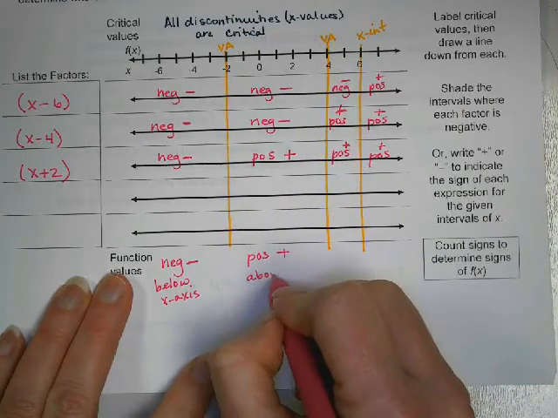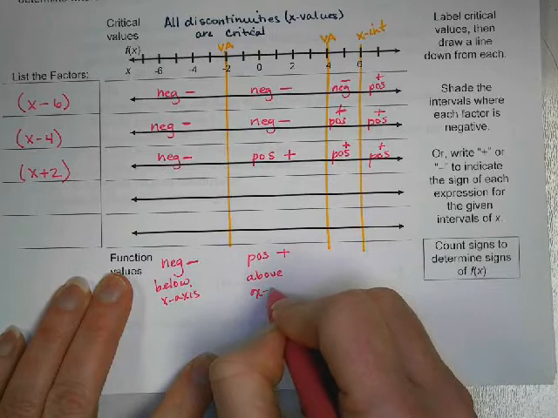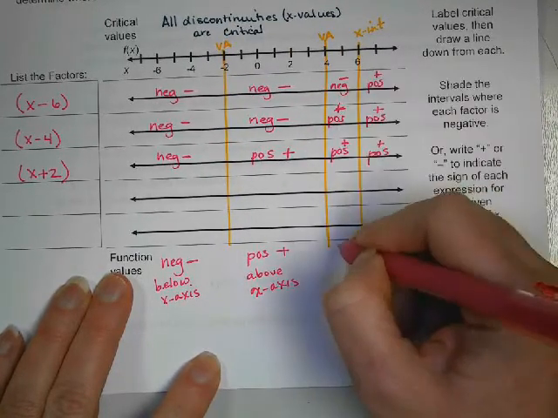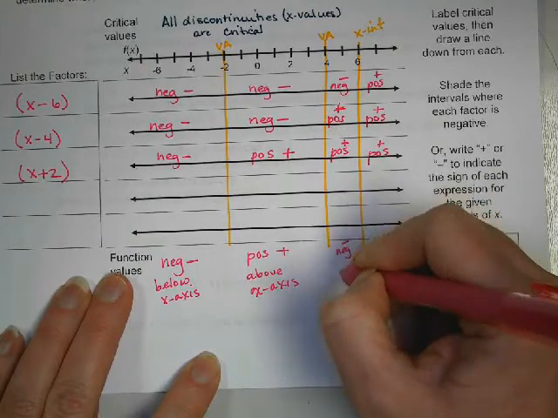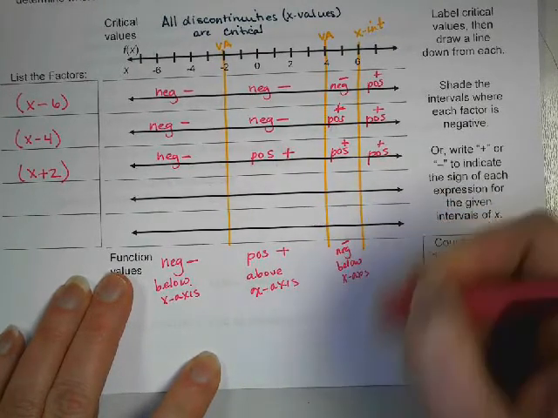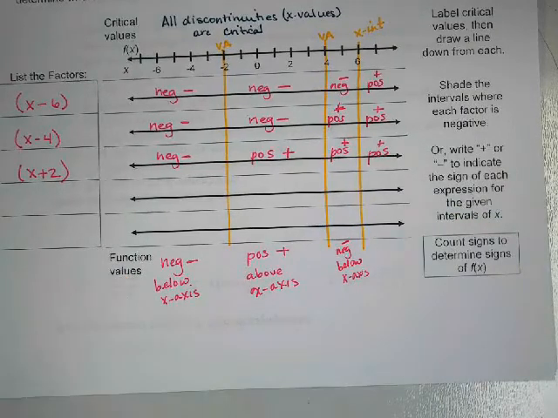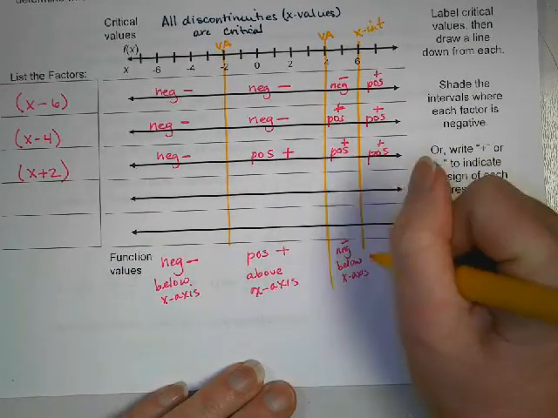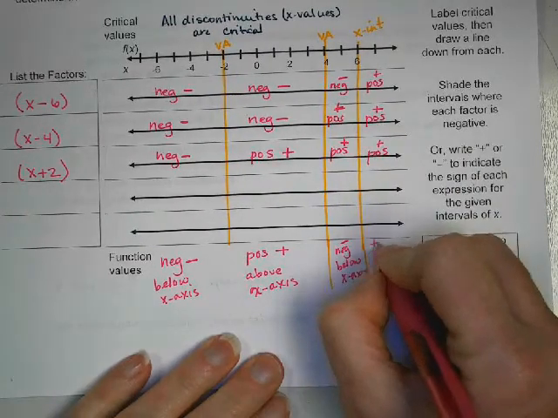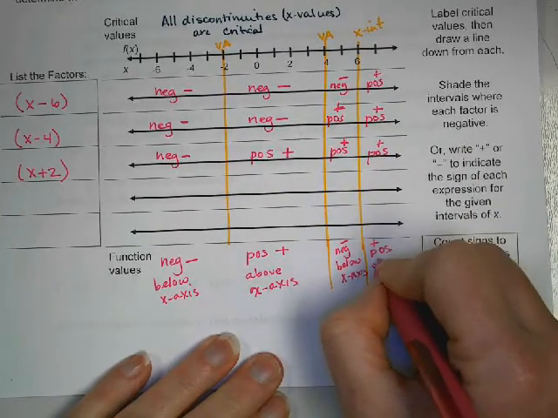So this portion of the graph is above the x-axis. Now between the vertical asymptote and the x-intercept, negative, positive, positive, that's negative. That means right here it drops below the x-axis. And then positive, positive, positive, above the x-axis. So we're just trying to figure out where this graph lies.